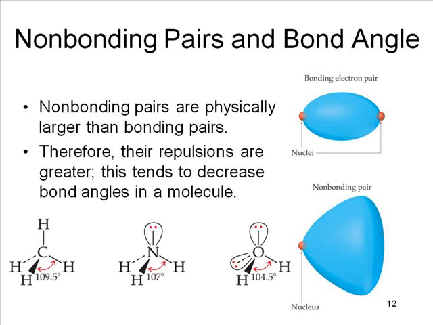Each angle will be 109.5. But in ammonia, the lone pair pushes the 3 hydrogens a little more than the hydrogens push themselves. So the 3 hydrogens, being that they're a little further away than the lone pair, just have a little easier time being close to each other. And you find the H-N-H bond angle is 107.